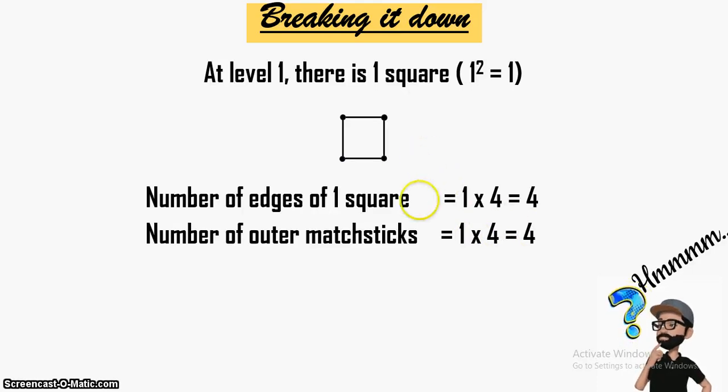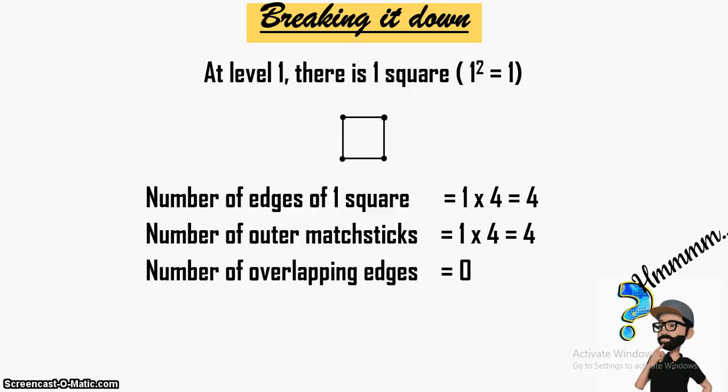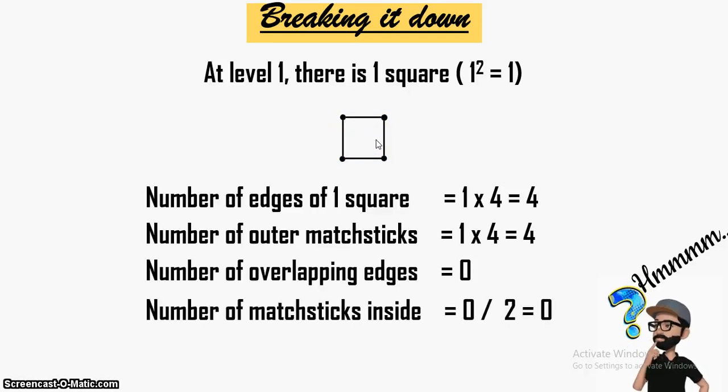Do we have any overlapping matchsticks there? No, it's 0. Look closely, there is no matchstick inside. So, non-overlapping. We do not have any two overlapping. So we're going to say the number of matchsticks inside equals 0 divided by 2. Hey, Mr. Matthew, why are we dividing by 2?